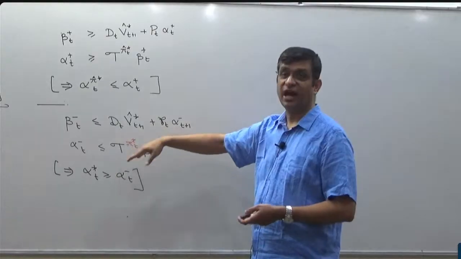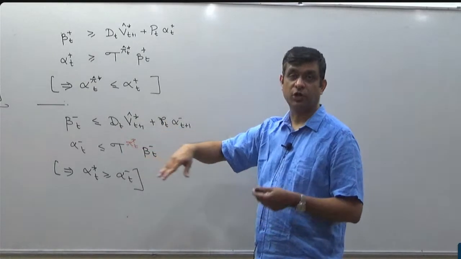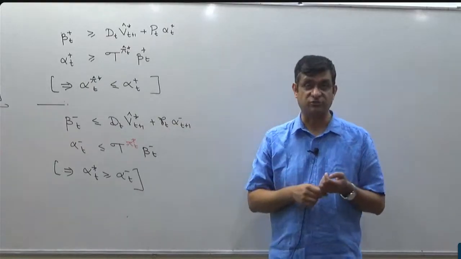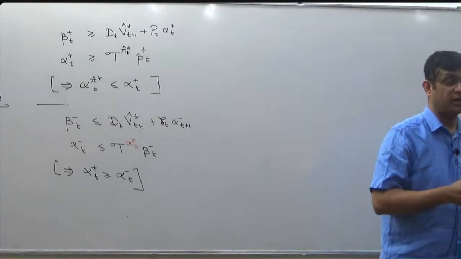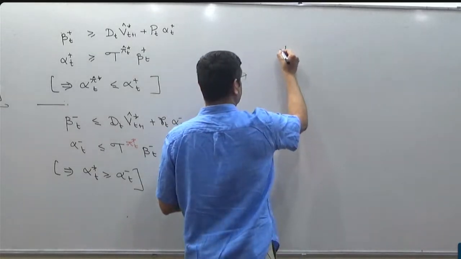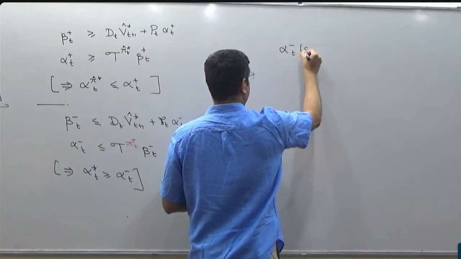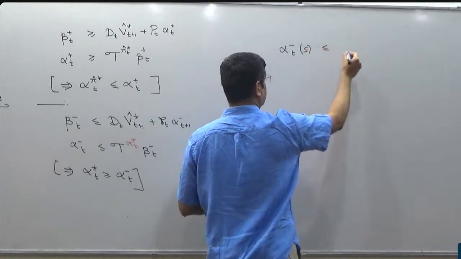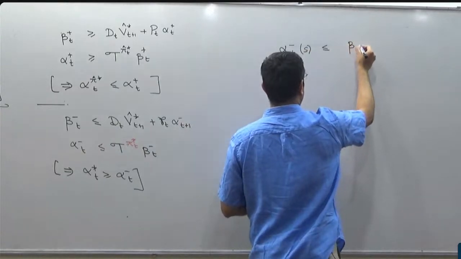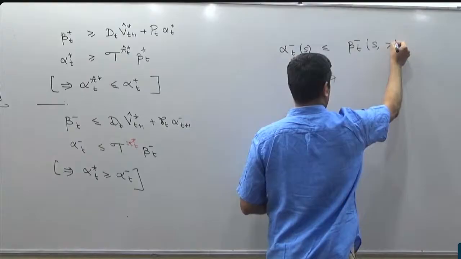Clearly I do not have access to the optimal policy if I am trying to do all this analysis. So what can we do? Let me write this explicitly: alpha of S should be less than or equal to beta minus t of S, pi star t of S.